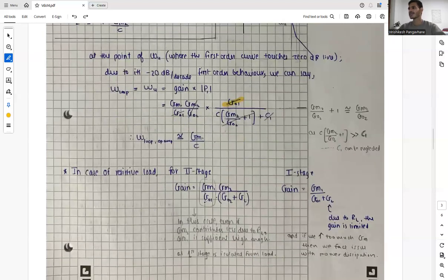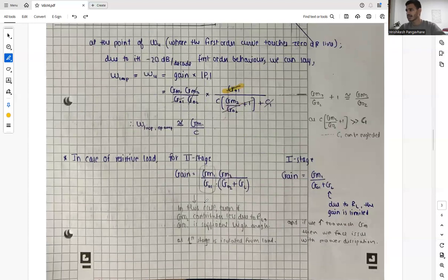Now in the case of a resistive load for the second stage, our gain becomes GM1 GM2 divided by GO1 times GO2 plus GL. In the case of a one stage op amp, the gain is basically GM1 by GO1 plus GL.